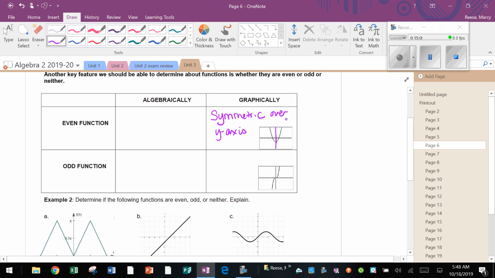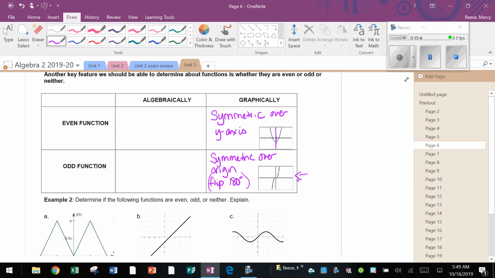If it's odd, it's symmetric over the origin. And that means if I flip it 180 degrees, or I turn the paper upside down, the picture will look exactly the same. So if I were to take this and flip my paper 180 degrees, the picture would look exactly the same.